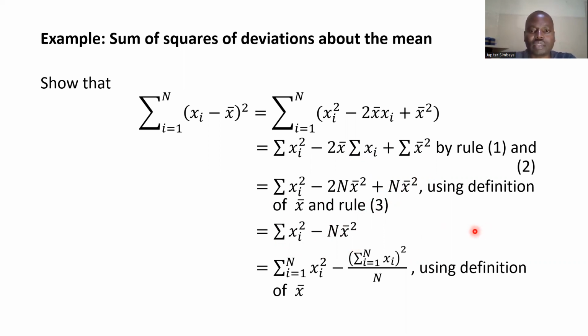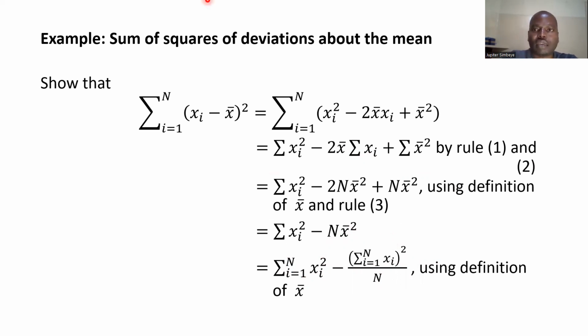If you look at this quantity, what we have here is the summation of xi squared, then minus, now look at what we have here. This is coming from the definition of the mean.